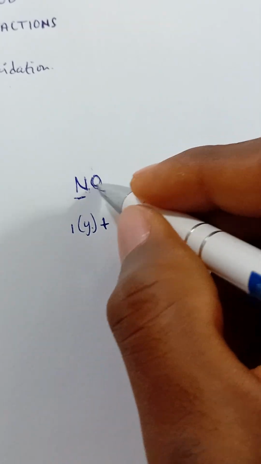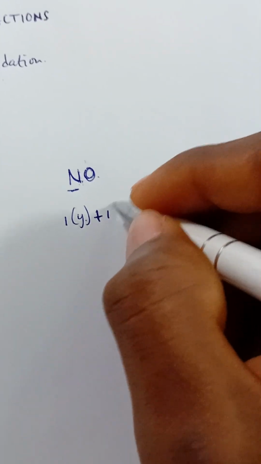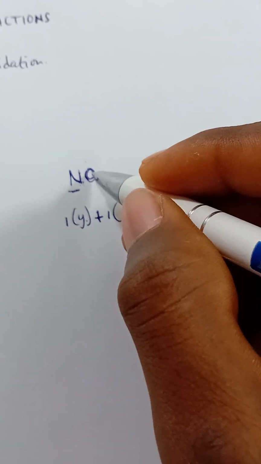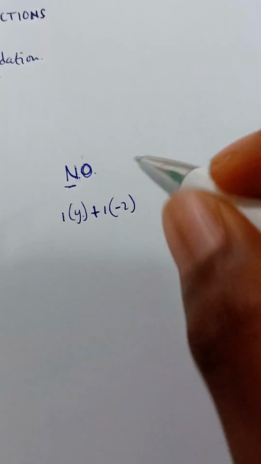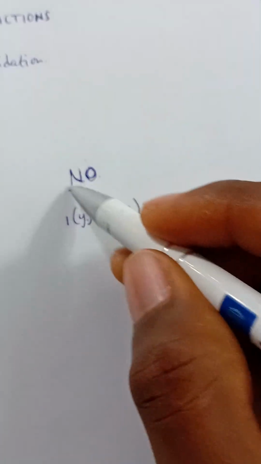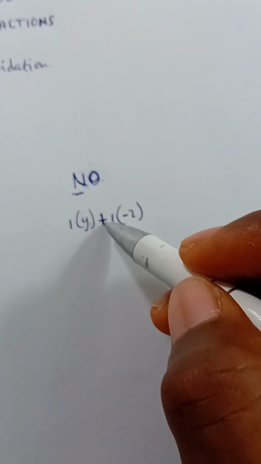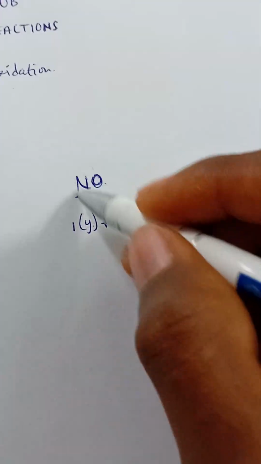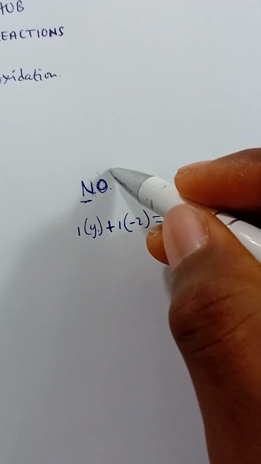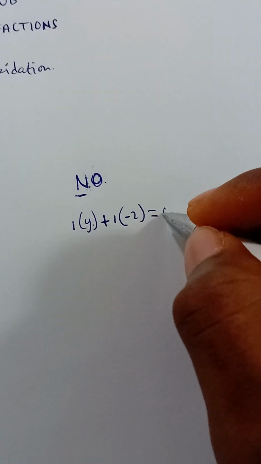How many atoms of oxygen are here? The frequency is 1. What's the oxidation state of oxygen? In almost all cases, it is -2. So we add the oxidation state of nitrogen plus that of oxygen, and the total should equal the total oxidation state of the whole molecule. Since there's no charge written here, it's equal to 0.